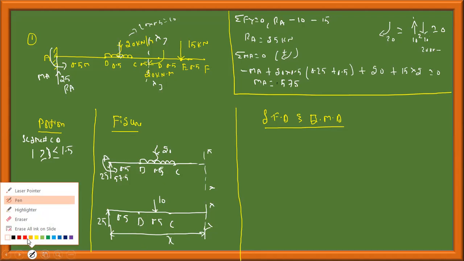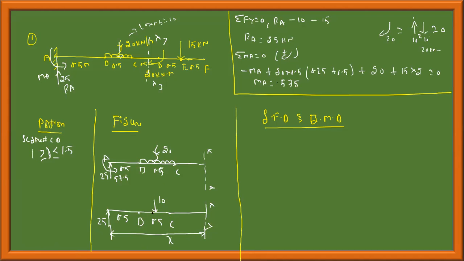Now tell me, if this is X, this is 0.5, and this UDL is at the center; the entire length is 0.5, from here to here it's 0.5. Therefore, the force is 10, and I want this distance for my moment.